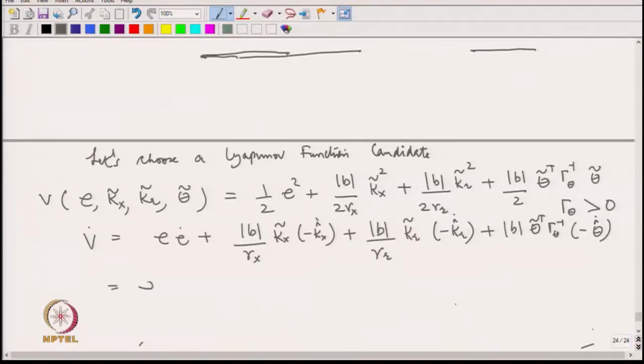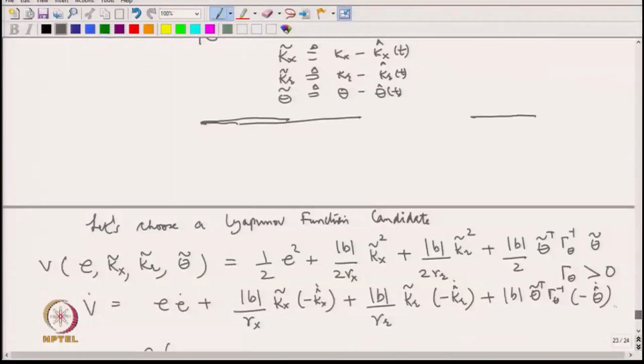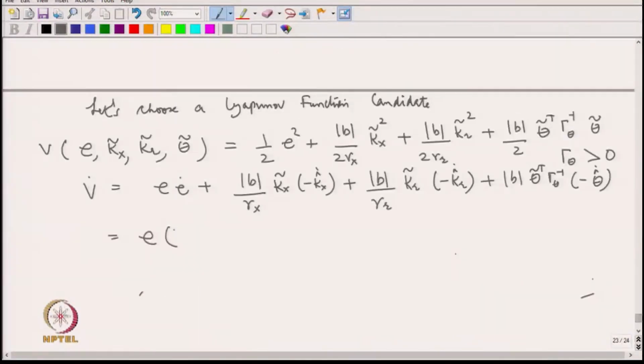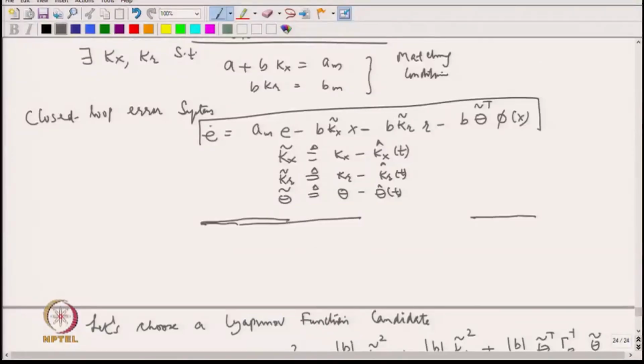Okay, so let us substitute for the closed loop error system from above. So, we get a_m e. Oh, I think there is a sign mistake here. So, here we will get a positive term.